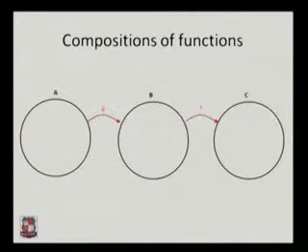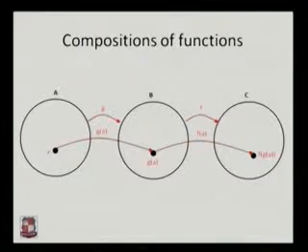So first one is from A to B, which is g, and second is from B to C. Here if we apply g on a, g of a comes in the set B, and set B is the domain of f, so we can apply function f on g of a, so that we get f of g of a in the set C.